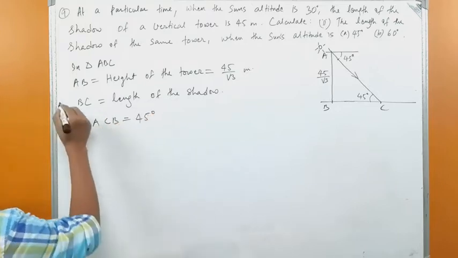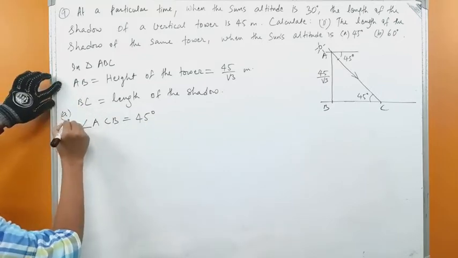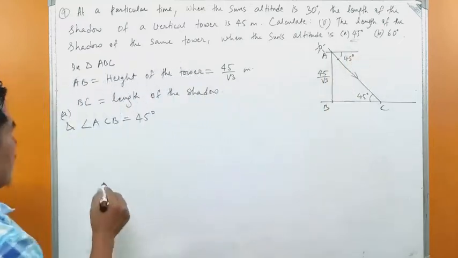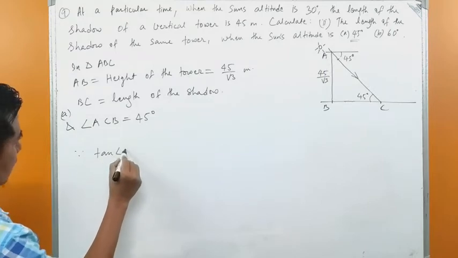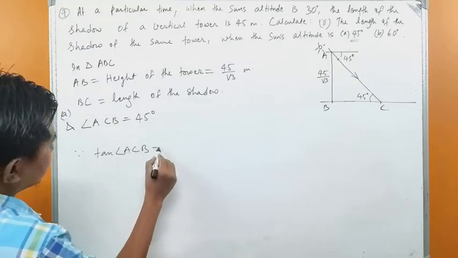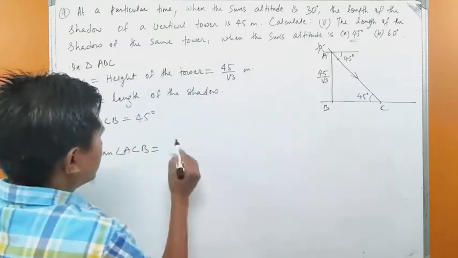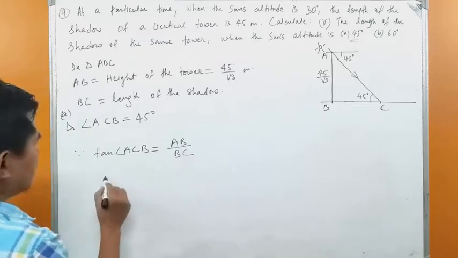This is question number A, when the sun's altitude is 45 degree. Now applying tan theta, since tan of angle ACB equals perpendicular, when we talk about this angle, perpendicular AB by base BC. We are asked to find BC, isn't it?